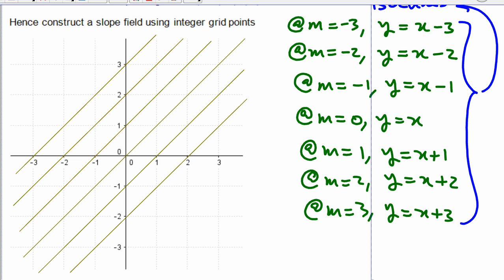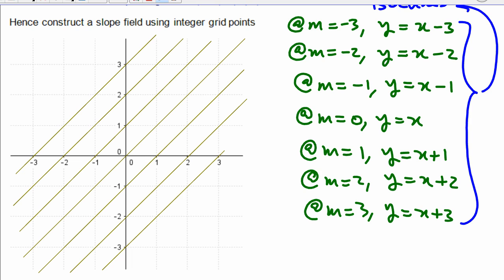So these are what we call isoclines, and they will help us to draw the slope field. Now that I have them, I'm going to indicate the slope of each isocline.